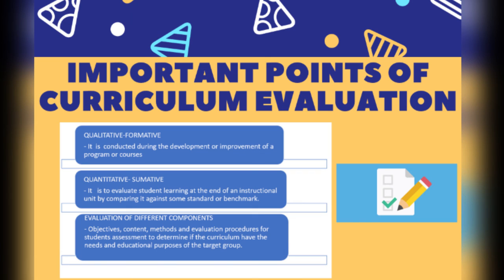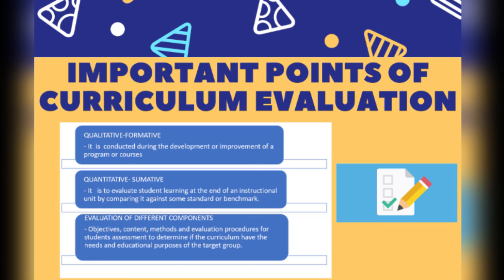On the other hand, there are important points of curriculum evaluation. The first one is qualitative, that is a formative assessment or evaluation, conducted during the development or improvement of a program or courses.